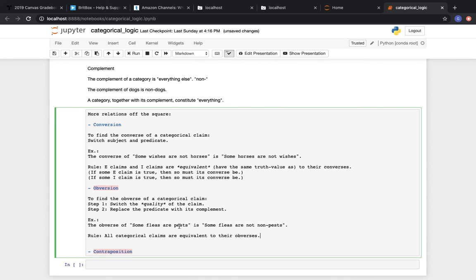And you can see that this new sentence in our example, some fleas are not non-pests, really does just say the very same thing as some fleas are pests. Because if they're not non-pests, then they must, of course, be pests. If they weren't pests, then they would be non-pests. But what this new transformed version says is that they're not non-pests.